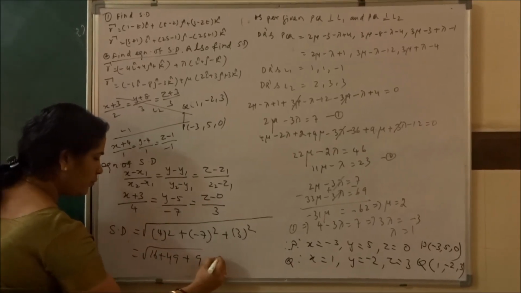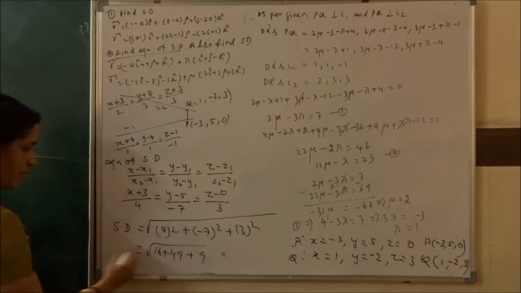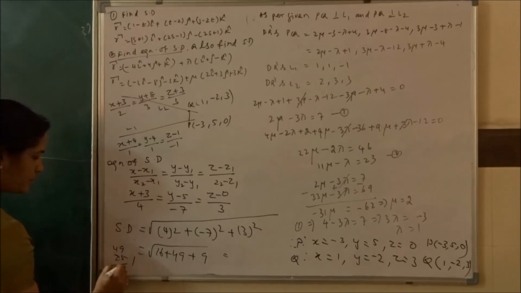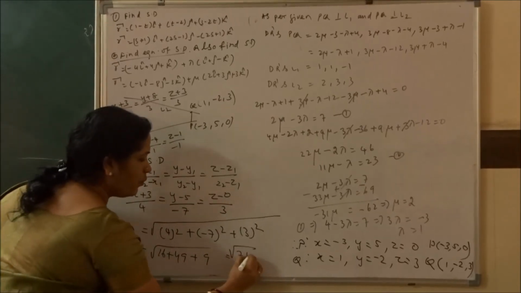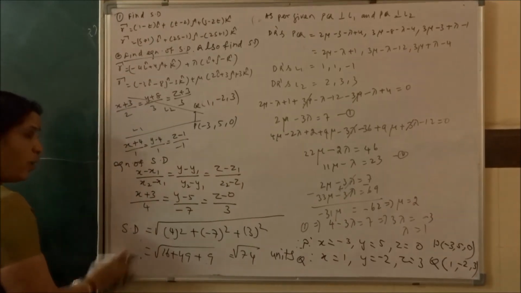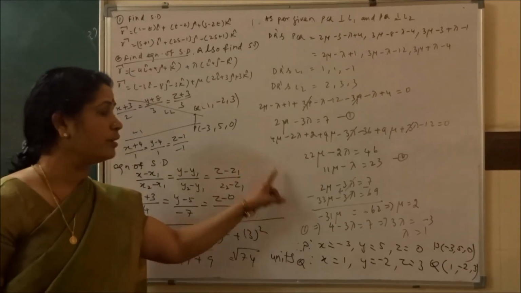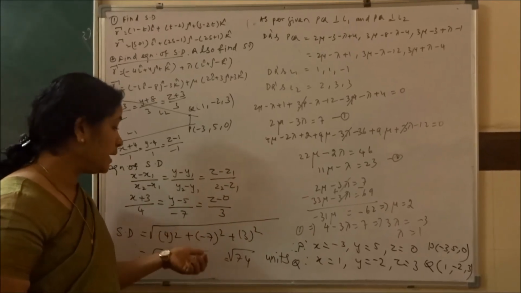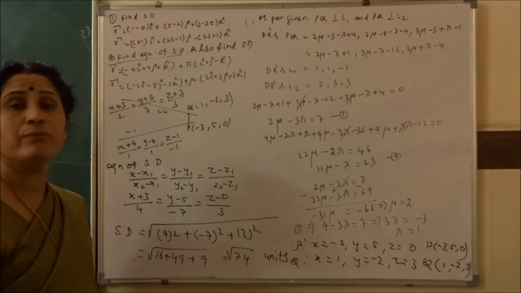So 49 plus 9 is 58, plus 16 is 74, so under root of 74 units. Clear to you? You have to see the calculation, but I explained to you how to find the equation of SD and how to find this SD also. So no need of using the formula here.